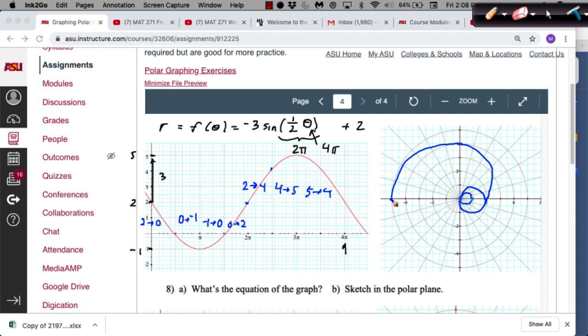Let's try it again. There we go. Back to 4. And then from 4 to 2. Try it again so we come in at the same angle we left at. There we go.